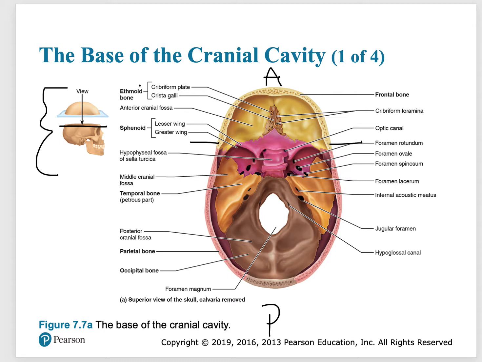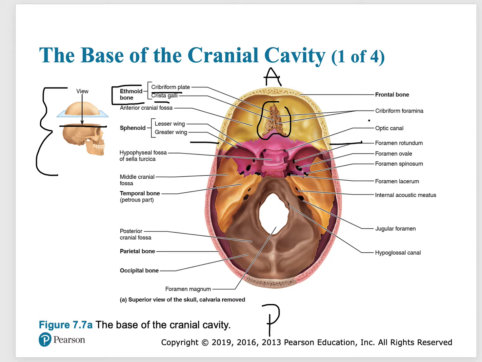So the important things, we have the ethmoid bone. Okay, so right here. And the important parts of the ethmoid bone to look out for are the cribriform plate, right here, and then the crista galli. So this little line, it's a raised line right down the middle of that cribriform plate, and the little holes in there are cribriform foramina.